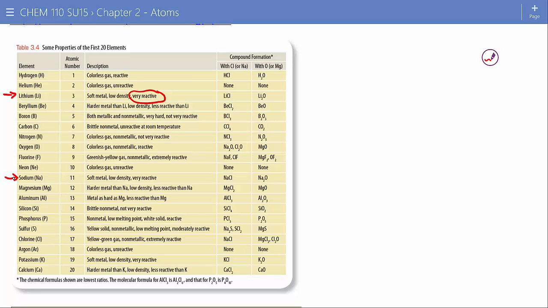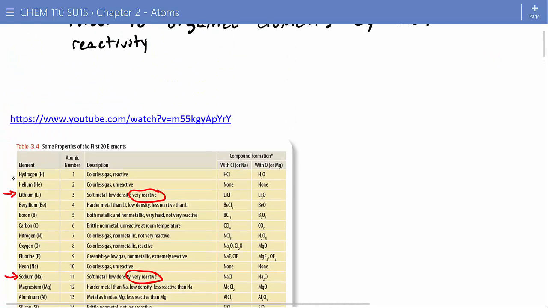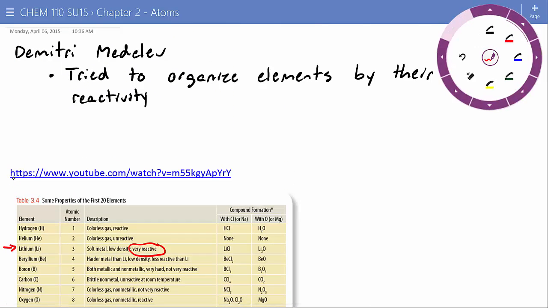If we look at the definition, it's a soft metal, low density, very reactive. So it's got really, really similar properties to lithium. We can keep on going down this list and get to potassium. Potassium's a soft metal, low density, very reactive. So what he started noticing was that there were a lot of elements out there that had really, really similar reactivity. So what he did was he tried to organize these.